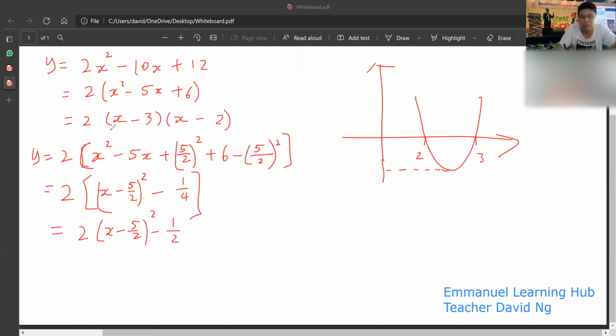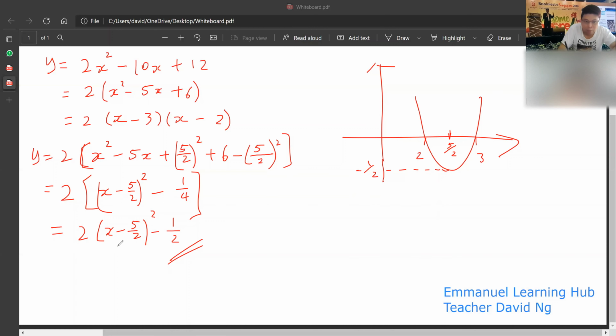Just now I mentioned, right? You look at the equation, you know the turning point instantly. This equation is the completed square equation. By looking at this equation, I know this here is minus half, and this is 2.5 or 5 over 2.